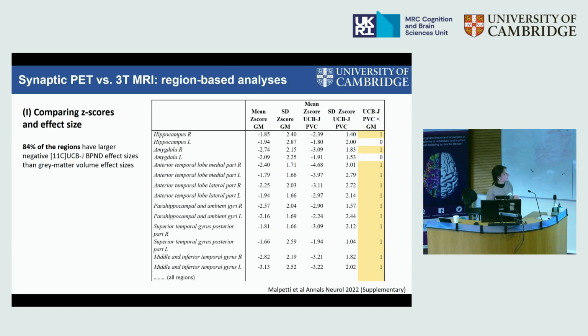We identified that 84 of the regions had larger negative UCBJ effects than gray matter volumes. So this was still a confirmation that UCBJ was picking up something stronger than gray matter volumes.